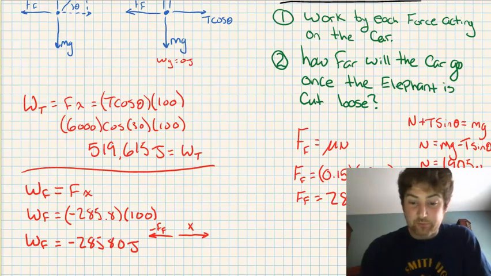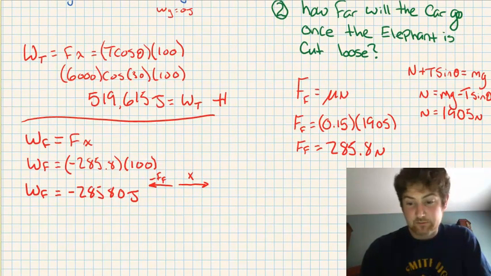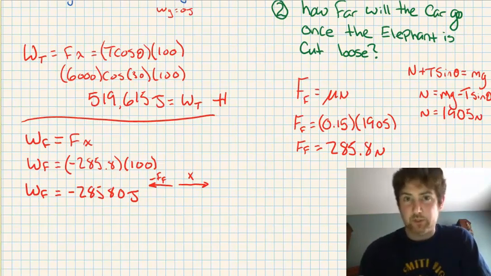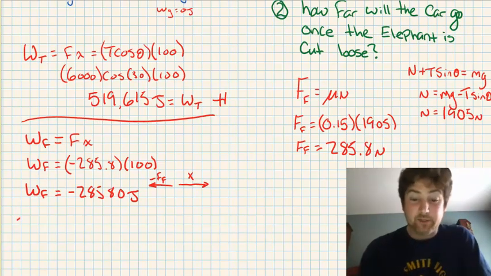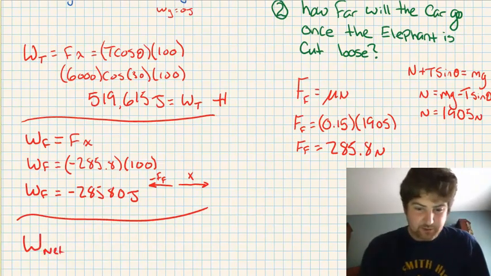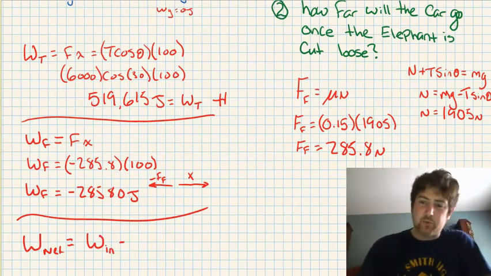Negative 491,035 equals 0.15 times 500 times g times distance, and that's looking for how far the car went to come to a stop. So we divide and get a distance of about 667 meters. That's how far it will go, because friction sapped all the energy.